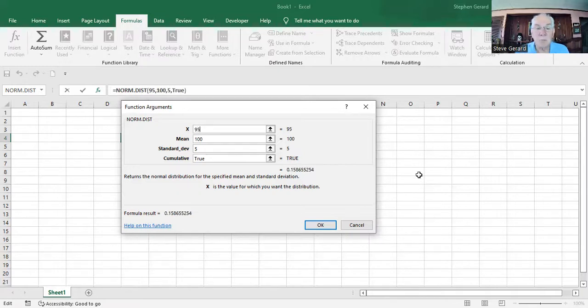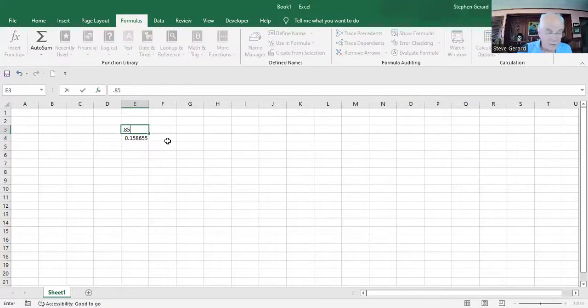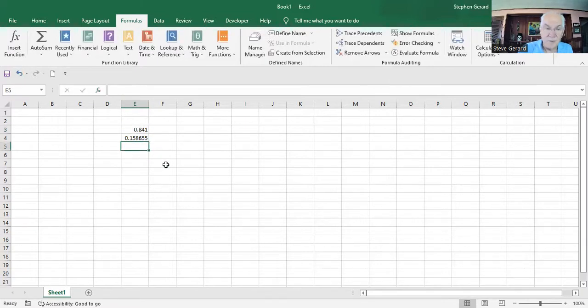And the probability of that is 0.158. This is equal to this minus this.